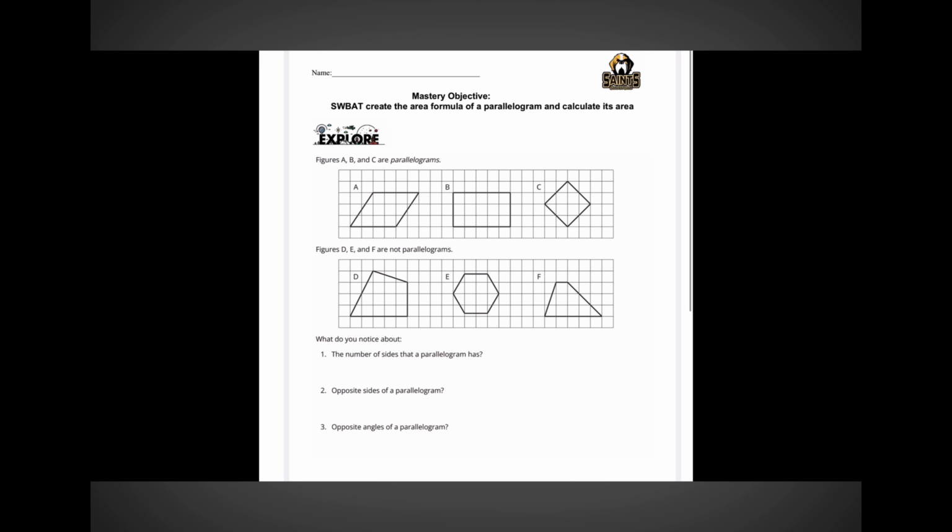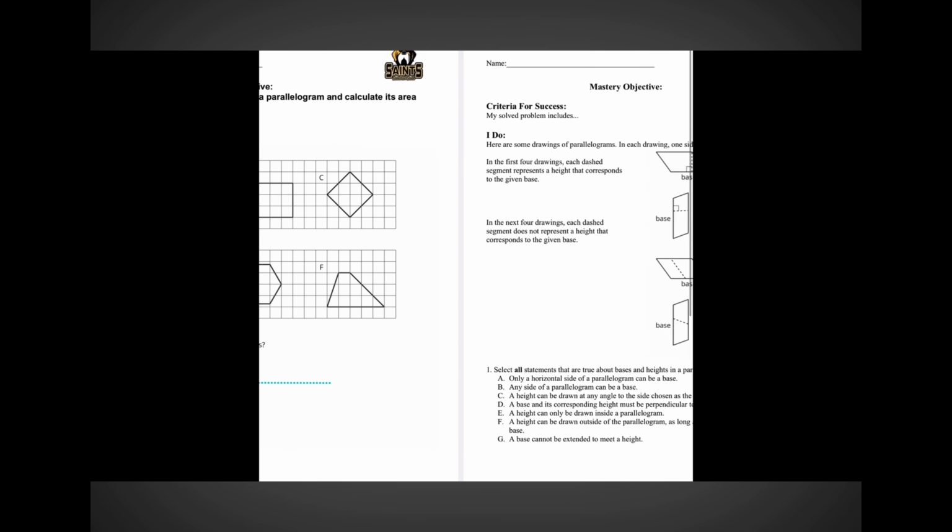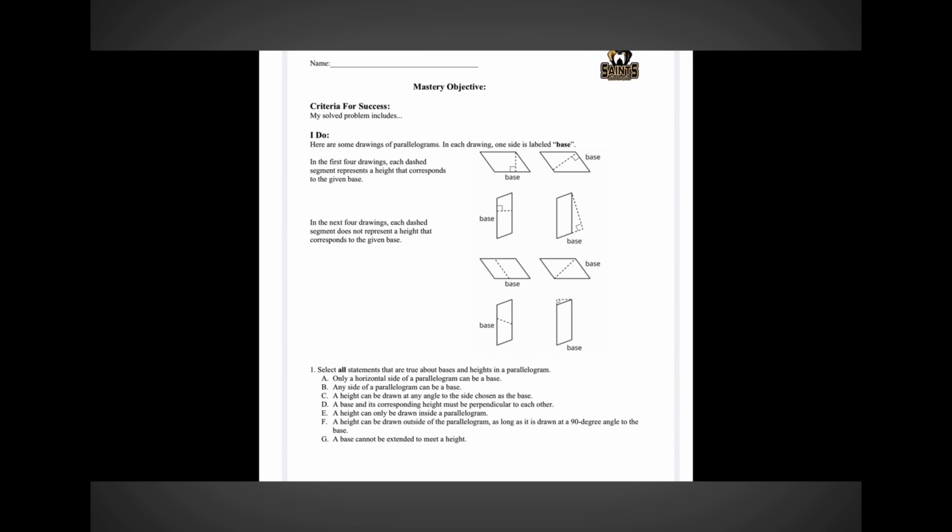So be talking about how, oh look, I'm noticing that these 2 sides are the same, and these sides are the same, and these angles are the same, and go ahead and show them the symbols that they can use to demonstrate that.